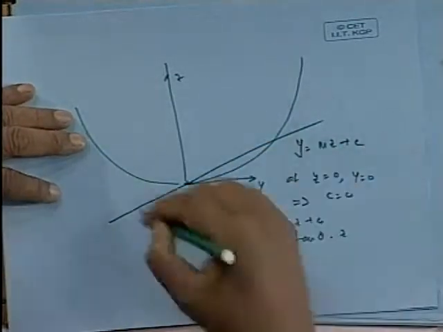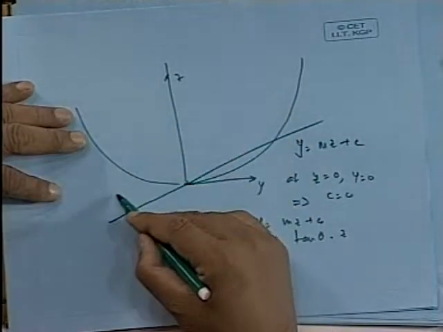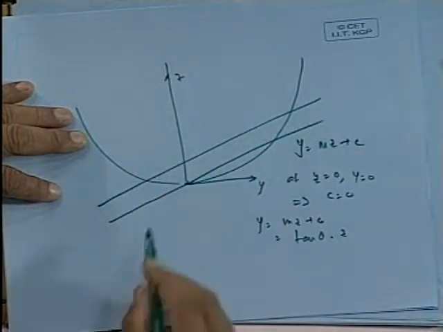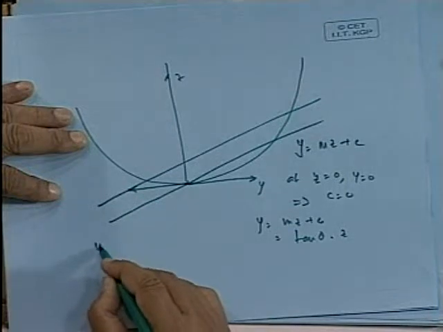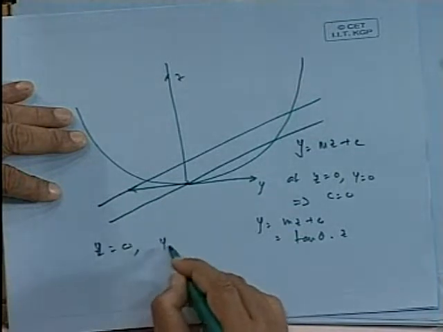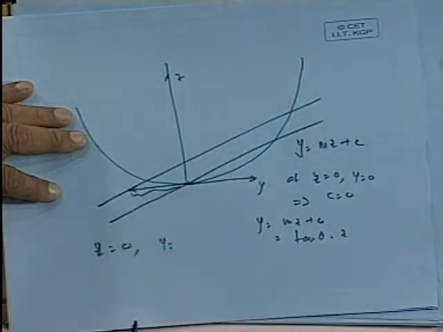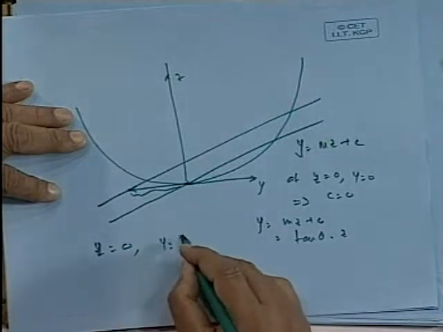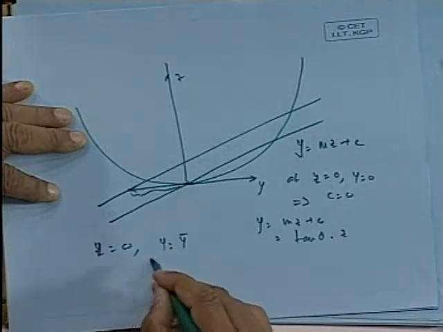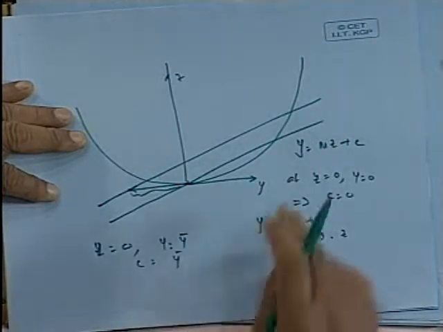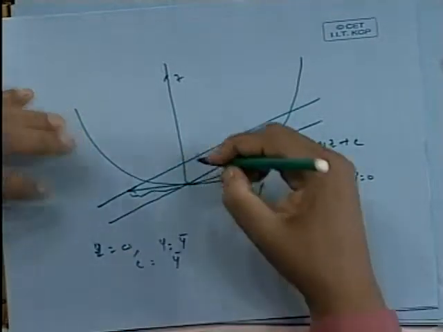Now in a computer program I have to go for the next line. Let us say the next line is this one. Now in the next line we will find out that at z equal to 0, y equal to this distance. Say this distance is, say, y bar, let me say. That will tell me that c equal to y bar if you put it here. But how much is y bar?